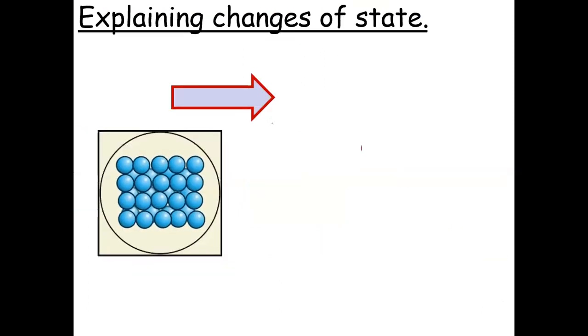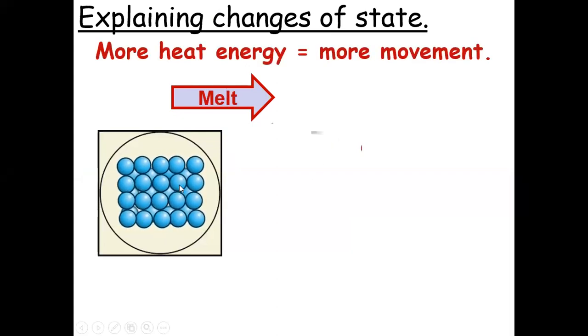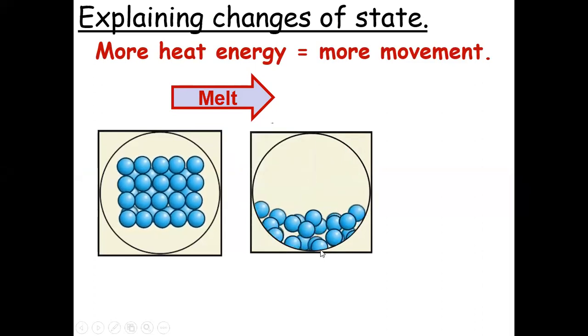This is another explanation for the particles. What do you think these particles are for? These particles are for solids. When we turn solids into liquids, this happens by heating.